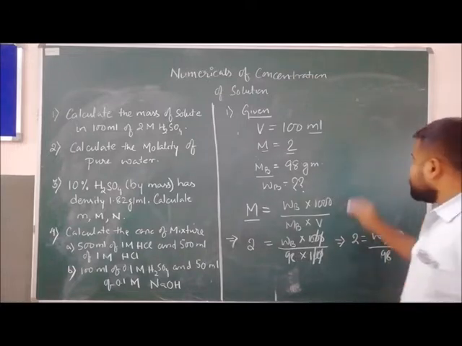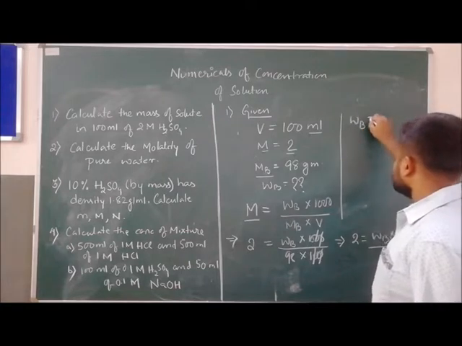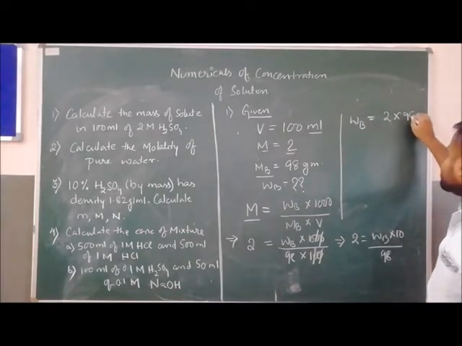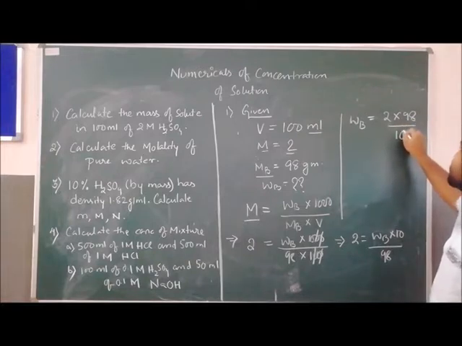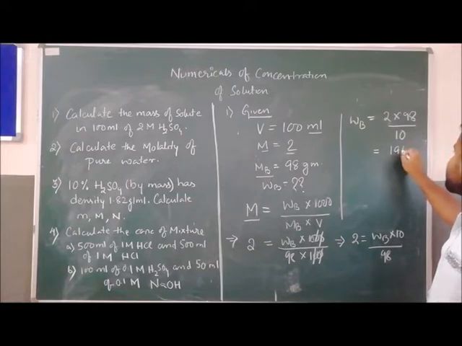Clear? So Wb is equal to 2 into 98 by 10. So it is 196 by 10, which will be 19.6 gram.